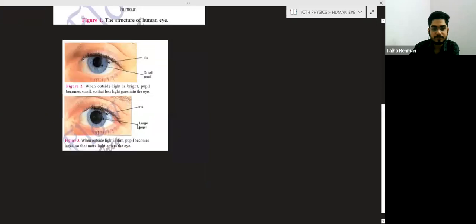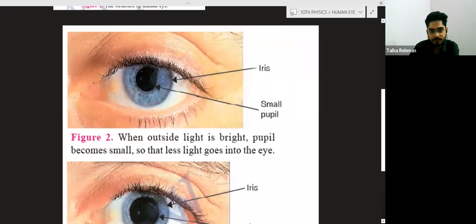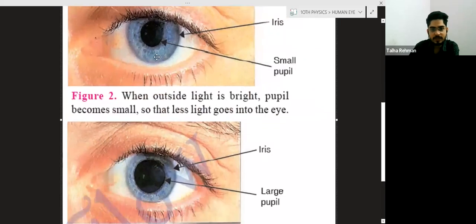So iris and pupil, you can see here: this part is the iris and this part is the pupil. The contraction of the iris will reduce the size of the pupil. You can say the iris controls the size of the pupil, or indirectly, light goes to the eye through this pupil.